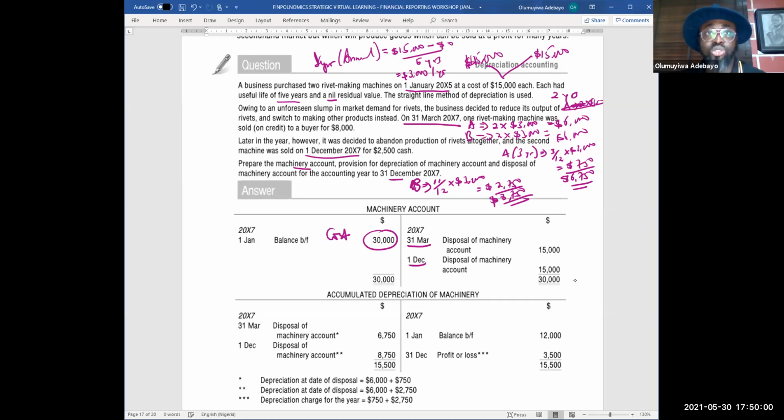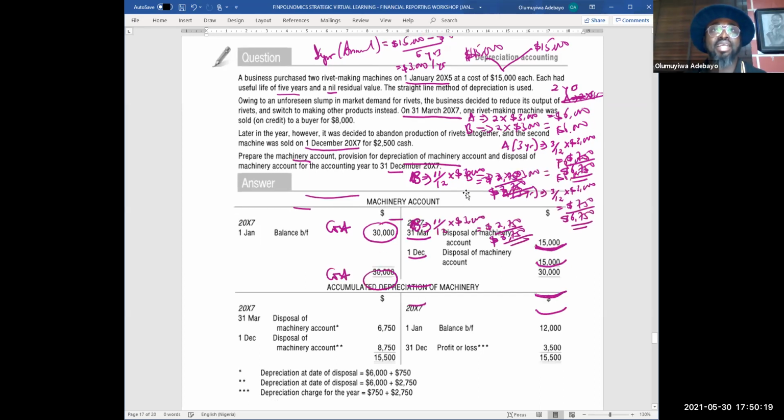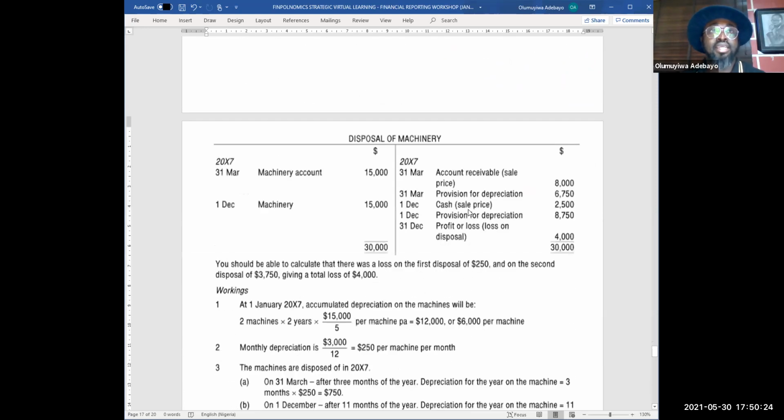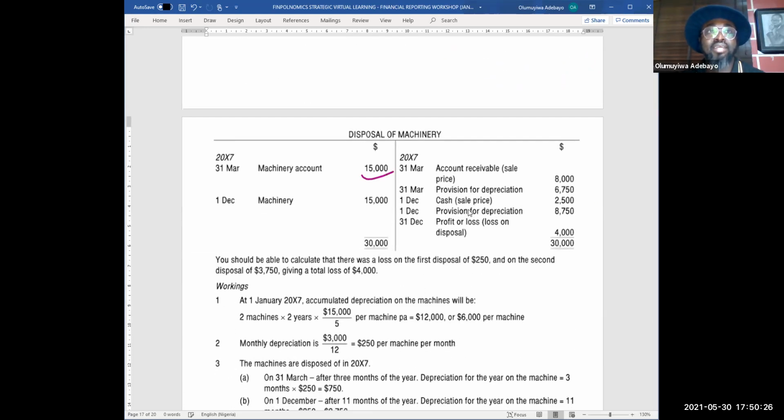But in 2017, the first one was disposed of on 31st of March. What you have to do is recognize the entire cost and take it to the disposal account. And on 1st of December again, we dispose of the second one. We also recognize this and take it to the disposal account. Now, when you come to the disposal account, you find out that they will be debited to that account as a cost.